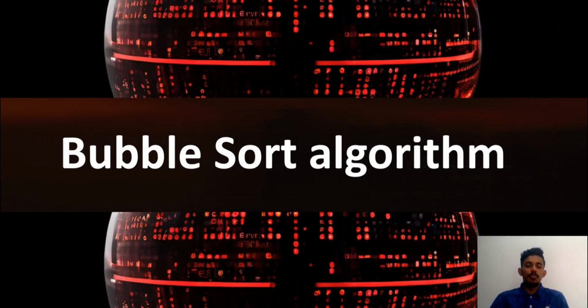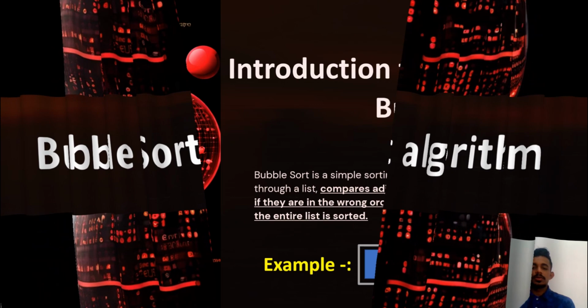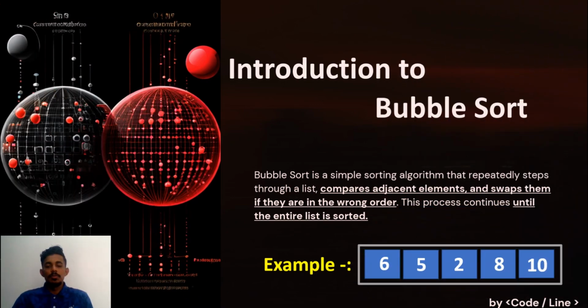In this bubble sort, you can see how it is being executed and how the values will change. So let's move on to the next picture of this video. We briefly discuss what bubble sort is.